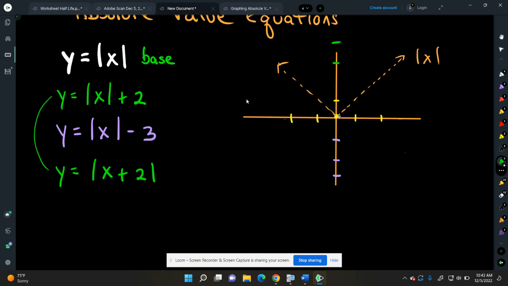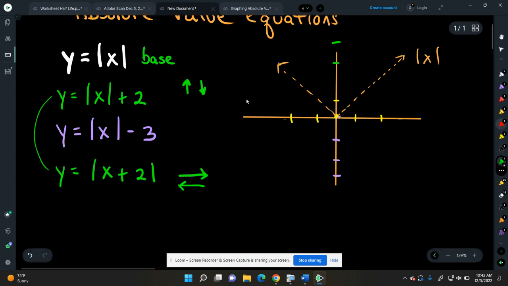If I add the number outside of the absolute value, it shifts it up or down. If it's added inside, it shifts it right or left. But it does the opposite of what you would think. Instead of going to the right 2, it's going to go to the left 2.